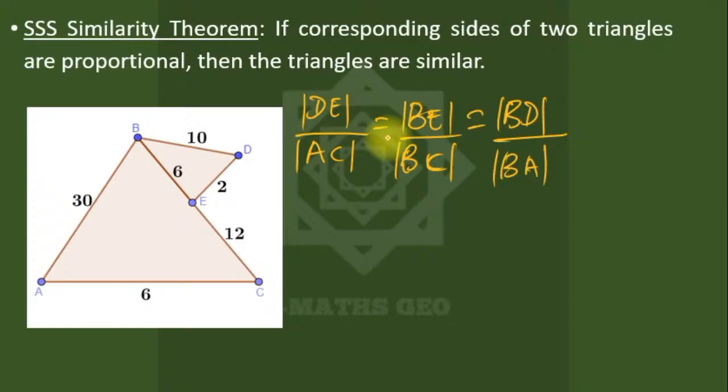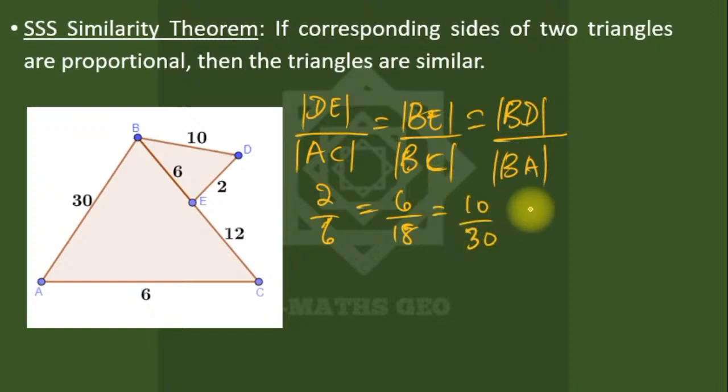DE is 2 over AC is 6, BE is 6 over BC is 6 plus 12, which is 18, and finally BD is 10 over BA, which is 30.